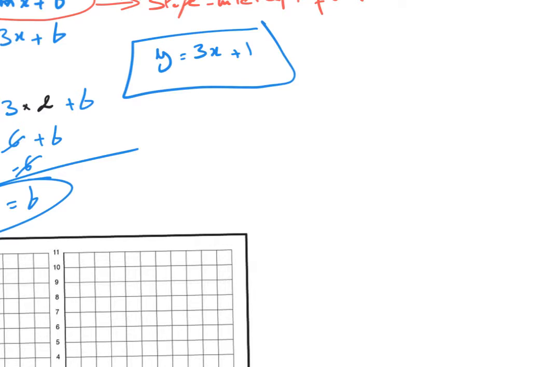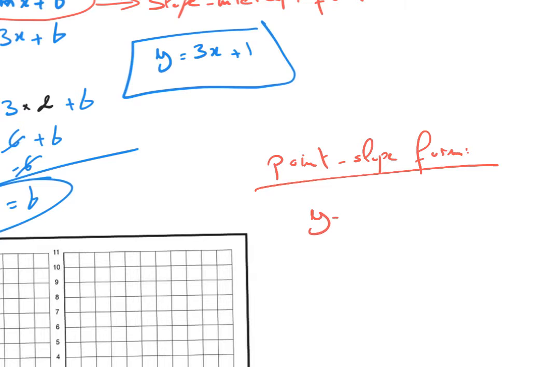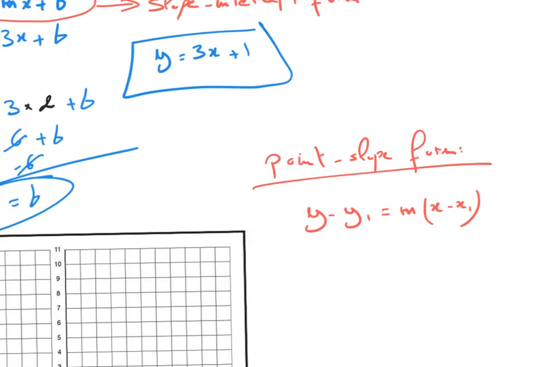This is another way to find the equation of a line. This is called point-slope form, and it is y minus y1 equals m times x minus x1.